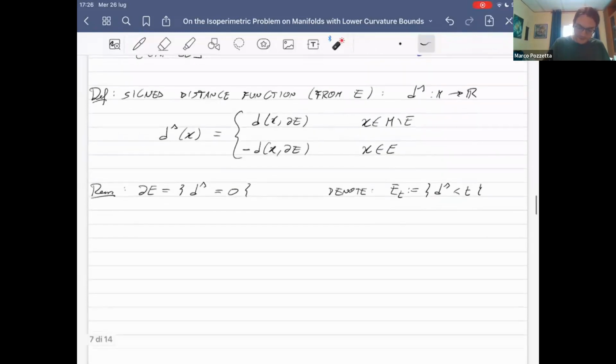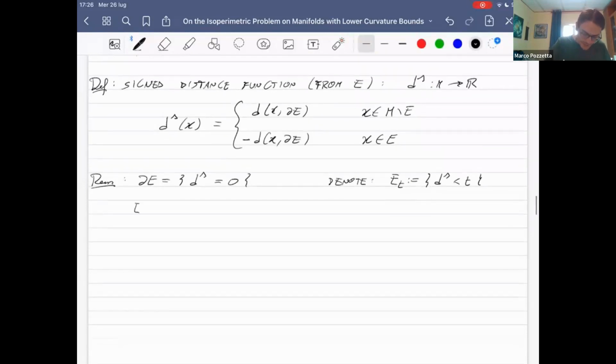And now the final observation of this remark, which I leave to you as an exercise if you want, is that the value of the constant mean curvature of the boundary of E, still my isoperimetric set, is exactly the Laplacian of d_s. This is a very classical identity, right?